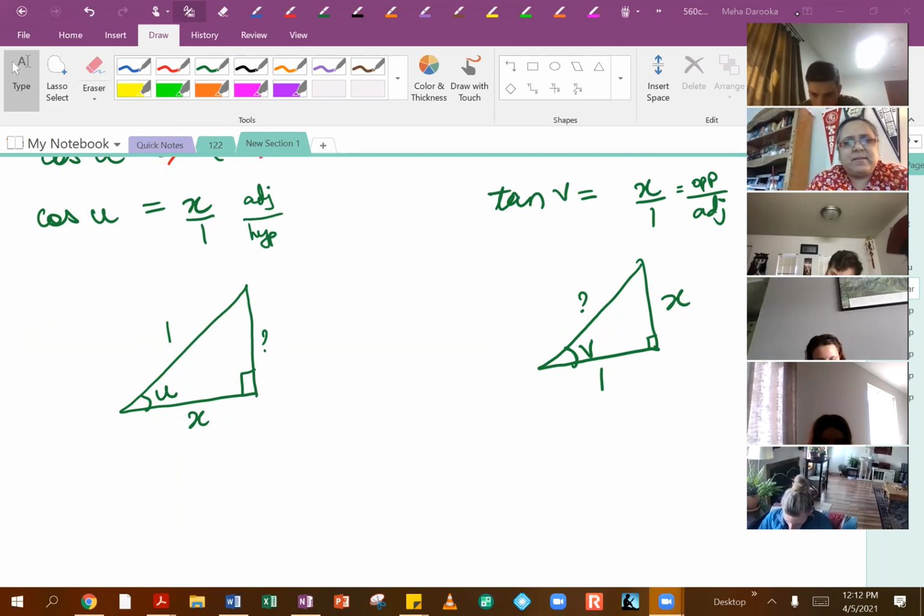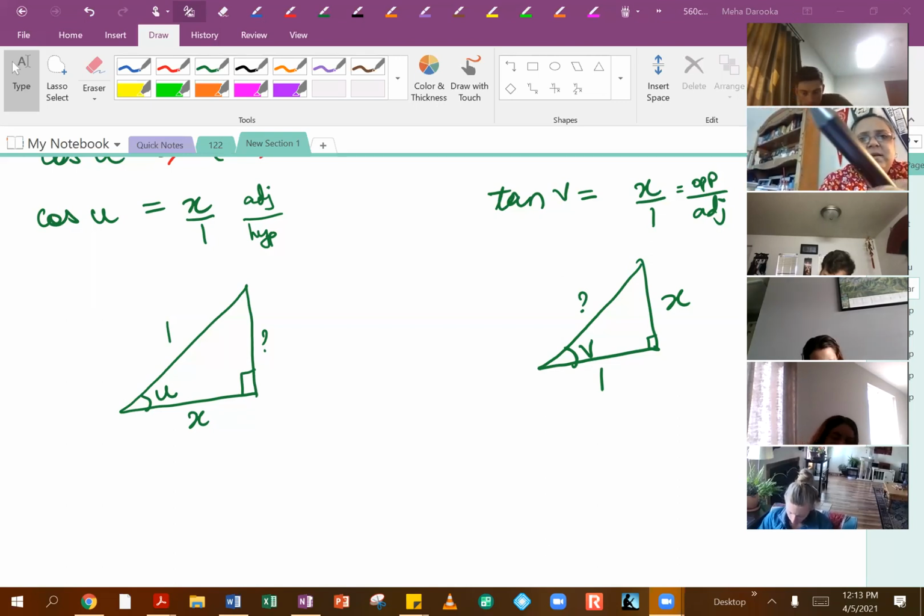Abdulaziz, think again. That is not correct. Billy, just x minus 1? Because that is not correct either. So again, remember, this is your Pythagorean theorem.